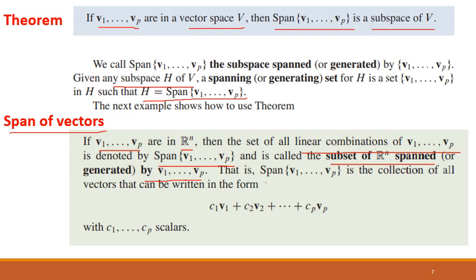That is, span is the collection of all vectors that can be written in the form c1v1 + c2v2 + ... + cpvp, where c1, c2 up to cp are called scalars.